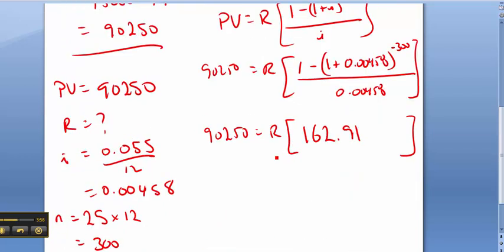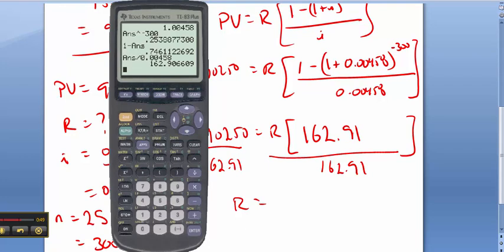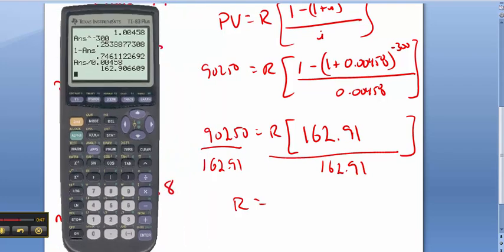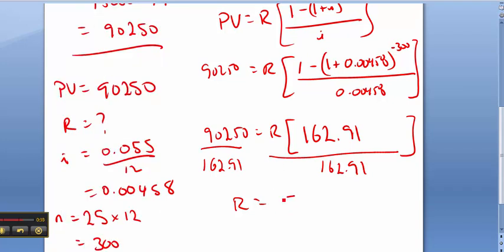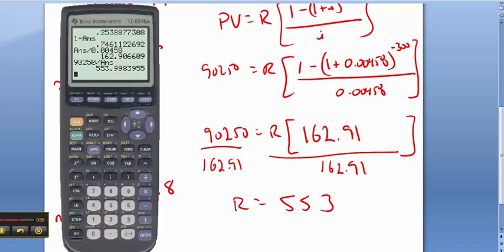And now to get r on its own, we divide both sides by 162.91. Why do we do that? Because it's r times that, so to do the opposite, we divide both sides by 162.91. So I'm going to end up with r equals, bringing my calculator back, 90,250 divided by my last answer, and I get 553.99.